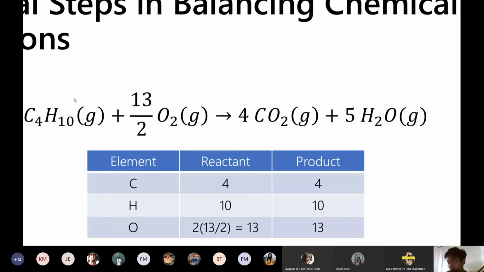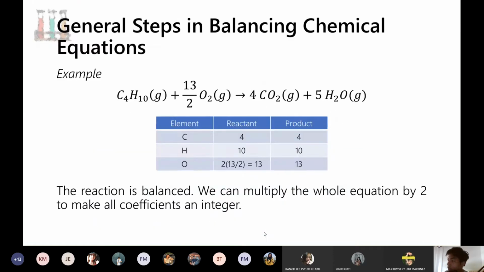Usually, may fraction talaga yan. Minsan may fraction, minsan wala. Pero ganun, yung number of oxygen sa products, titignan mo, then ibabalance mo yun sa reactant. So that means kung 13 to, there should be 13 oxygens as well in your reactant side. So that's 2 times 13 halves equal to 13. Okay. So, ganun lang kasimple yung pag-balance dyan.